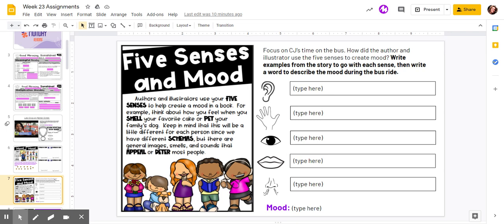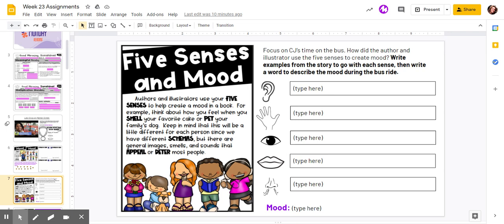I know he didn't eat anything per se on the bus, but think about a rainy day and the smell and there's almost like a flavor in the air. This one's probably going to be your hardest one. But just pay really close attention to what's going on the bus and think about your experiences with buses.